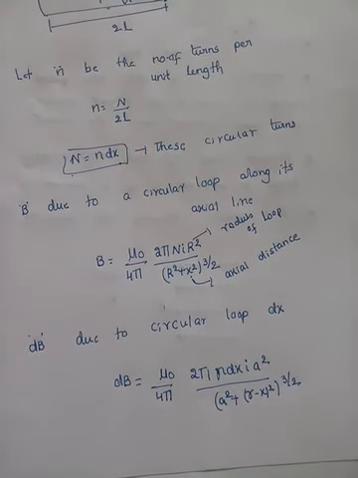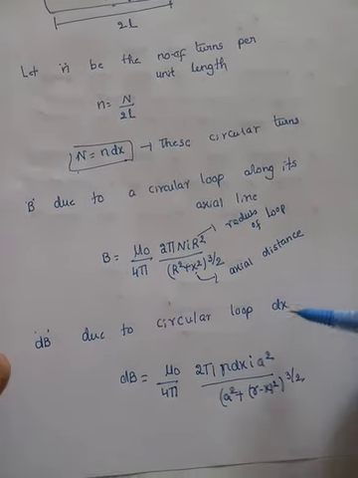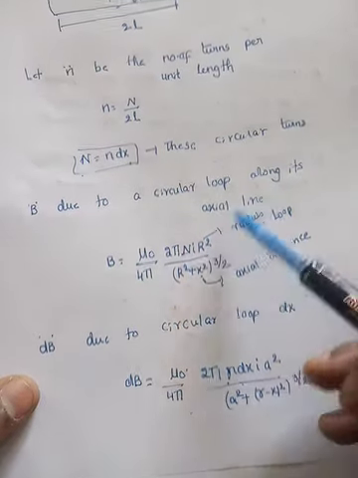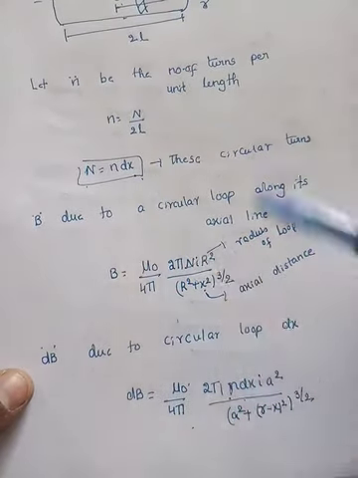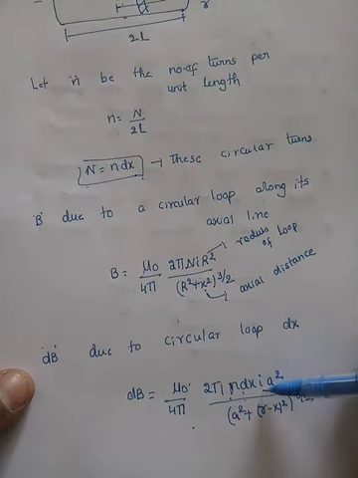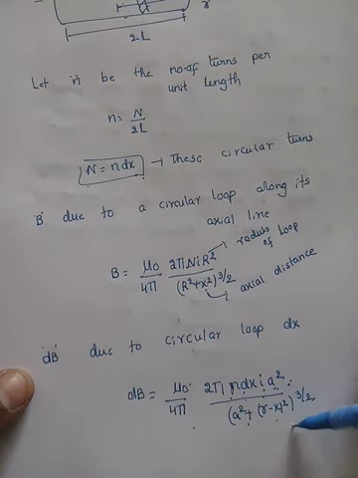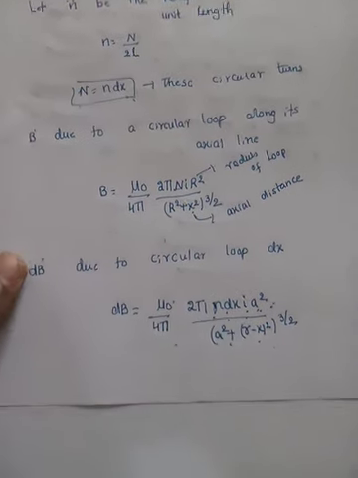So dB due to the circular loop dx is mu naught by 4 pi, 2 pi n dx I a square by a square plus r minus x whole square whole power 3 by 2.